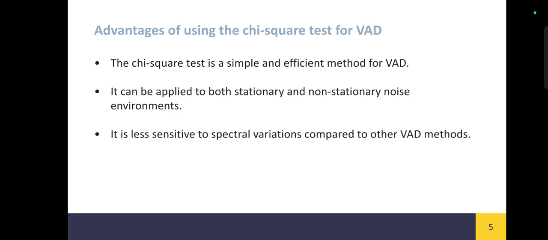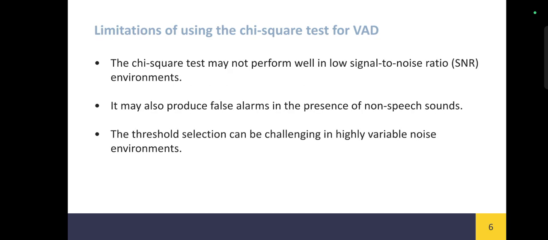Moving to the next slide: limitations of using the chi-square test for VAD. The chi-square test may not perform well in low signal to noise ratio, SNR, environments.